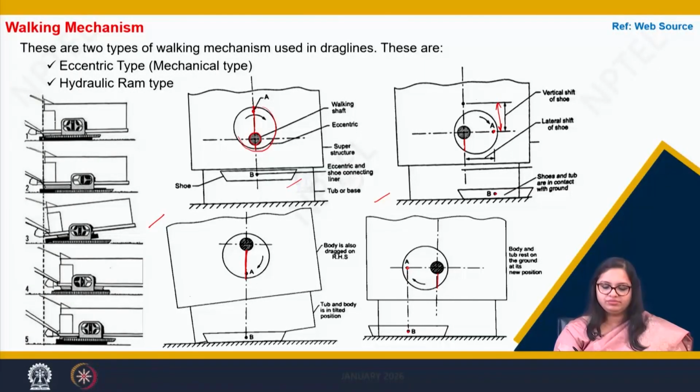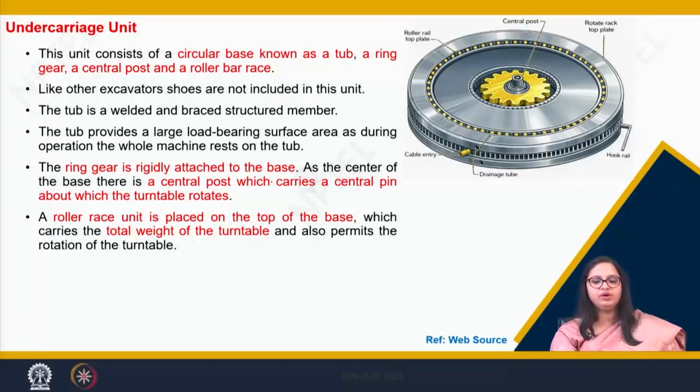So, again from this point the point A from its horizontal minus position would move to vertical plus position, which would lift the tub again to its initial position, and this way the walking of the drag line continues. This is a typical mechanism that we see in drag line, which we may not be able to see in any other machine.